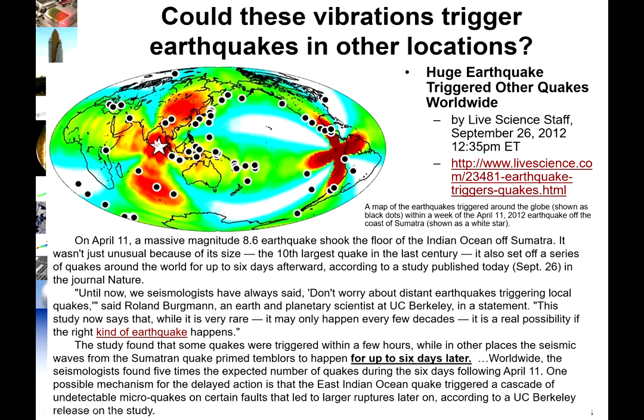And for this earthquake, they mapped out all of the other earthquakes that happened a short time later, and you can see these patterns. So there's stress relief in the plates that causes a static relaxation of the stress everywhere else, and that can trigger earthquakes.